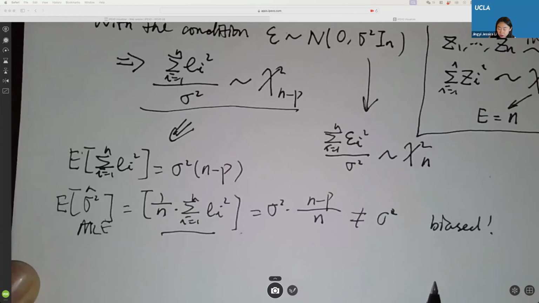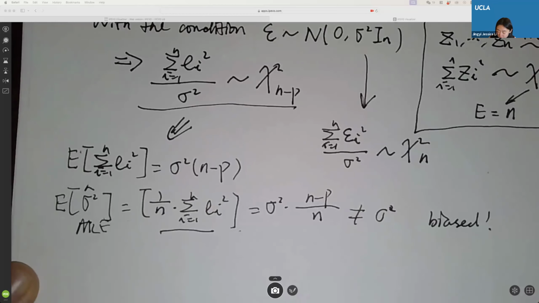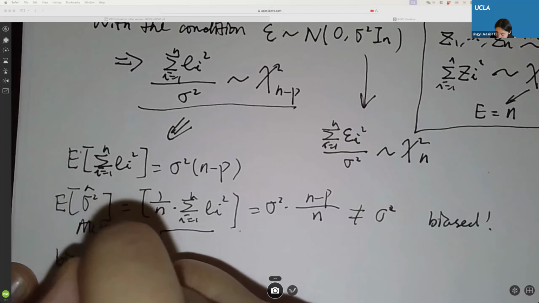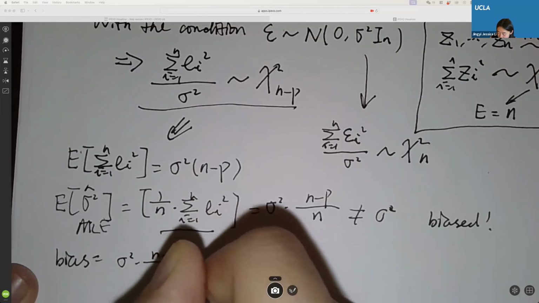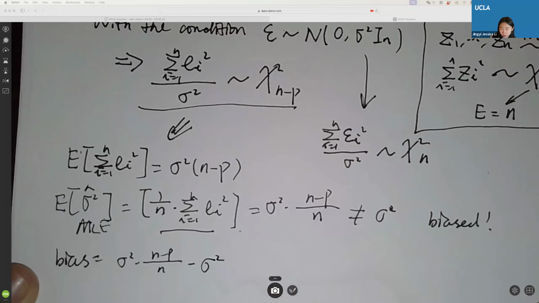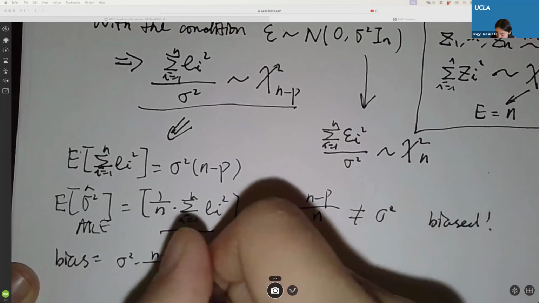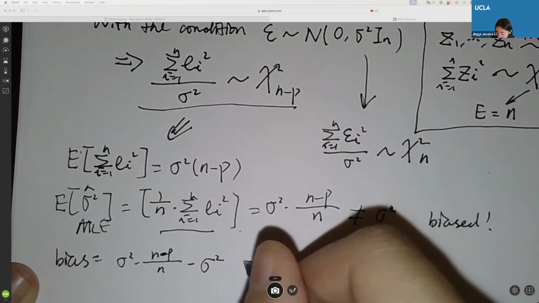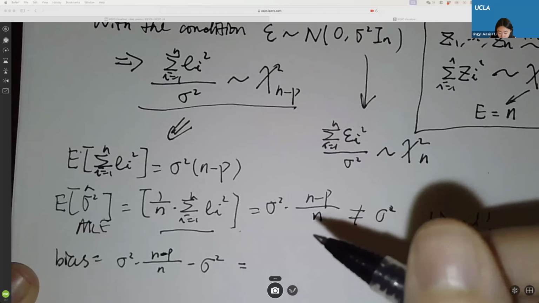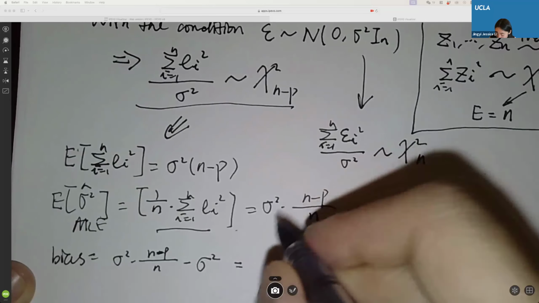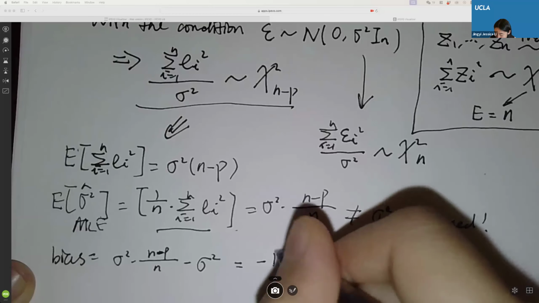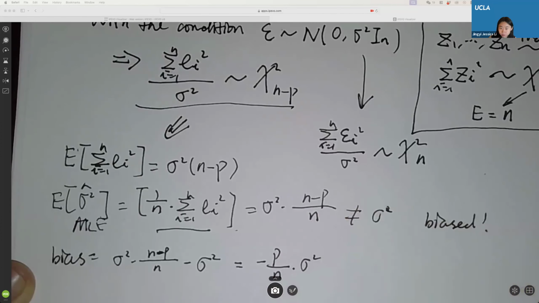But if we do the bias calculation, the bias is a small thing. It's basically sigma squared times n minus p divided by n, minus sigma squared. So the expectation minus the true value. And we can clearly see that it's just minus p over n times sigma squared.